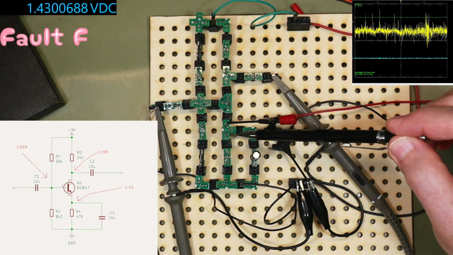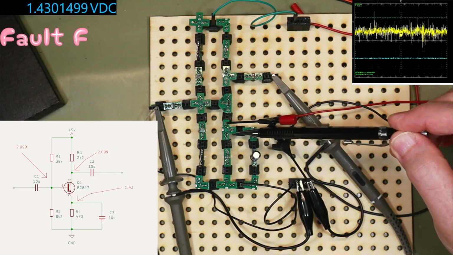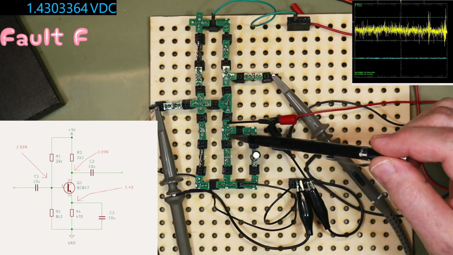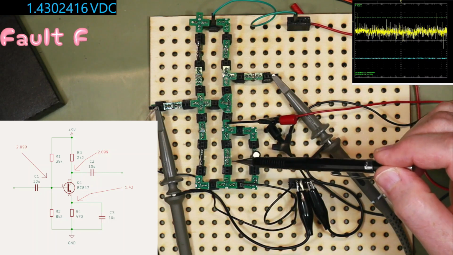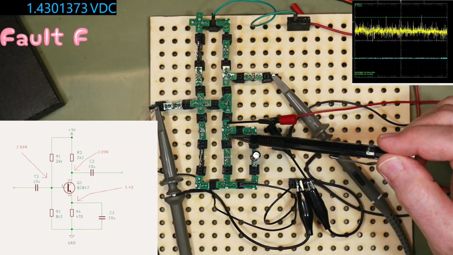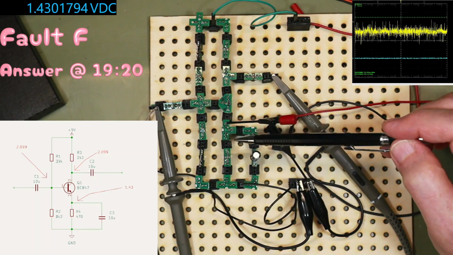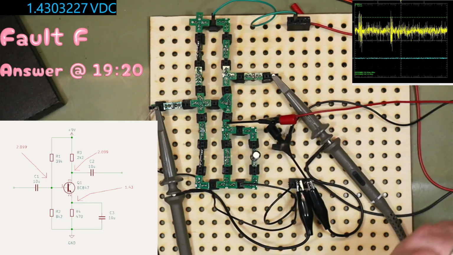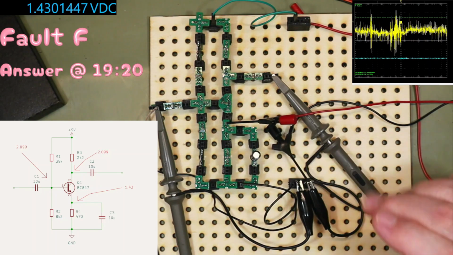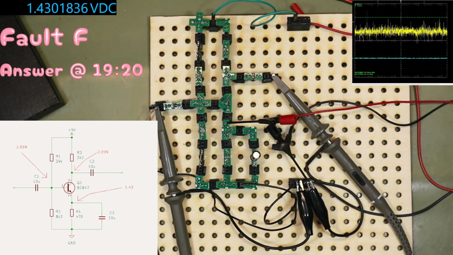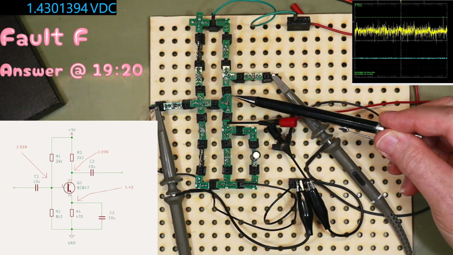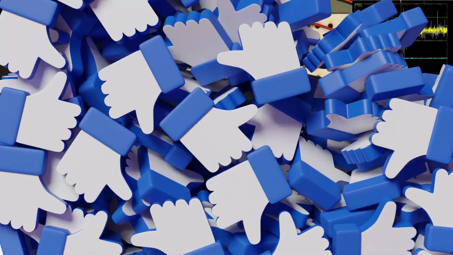And it does show there is current flowing, because we've got 1.43 volts across the emitter resistor, which is R4. So we have a problem. Now, what would be causing something like that? What would you expect to cause the same voltage on the collector as on the base?